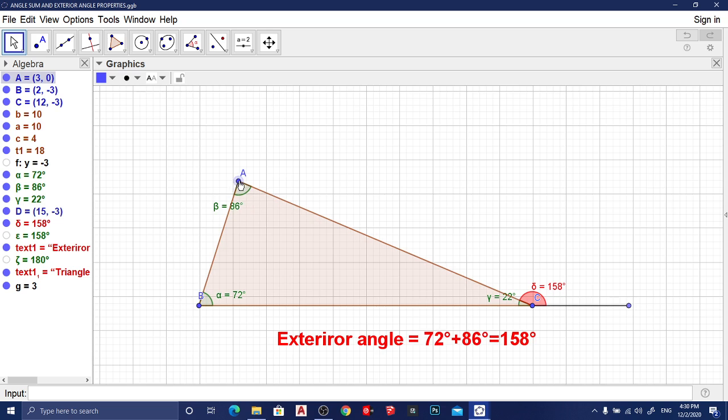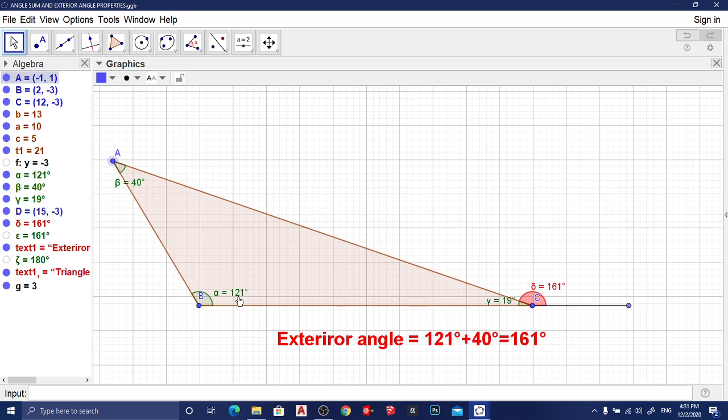If I take a left side right angle triangle like this, now this is 90 plus 67, which is 157, which is equivalent to the exterior angle, which is opposite to these two interior angles. The exterior angle is always equivalent to the sum of two opposite interior angles, which is here 90 plus 67 is 157. If I take this triangle, now 121 plus 40, which is 161. Here also it is equivalent to the exterior angle, the sum of these two.